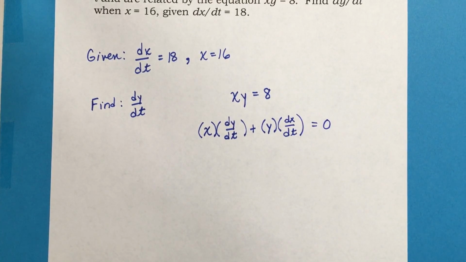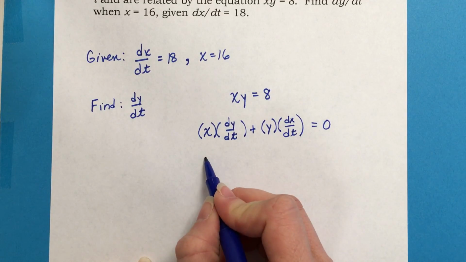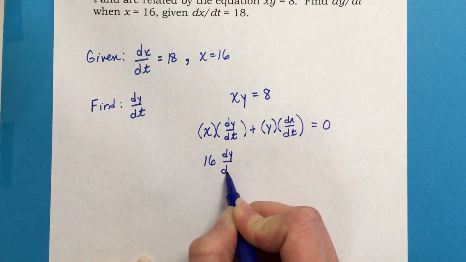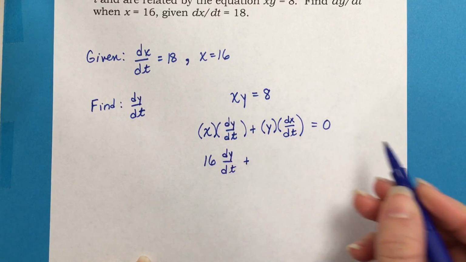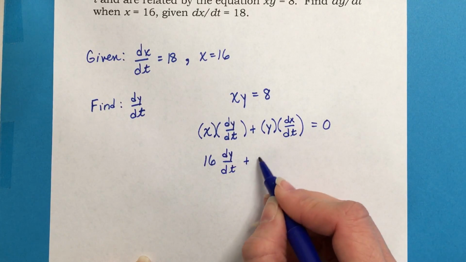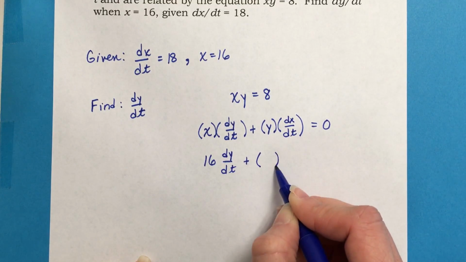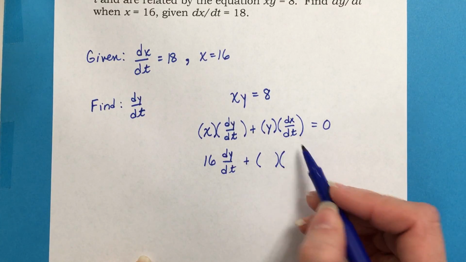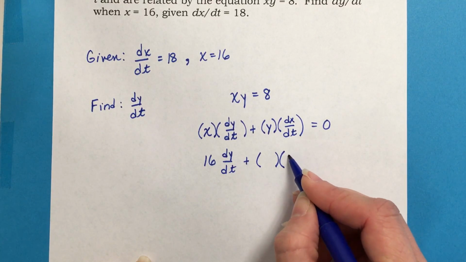All right, now you can substitute in what you know. We know that x is 16. Now, we don't know y, and we'll discuss that in just a second. I'm just going to leave parentheses open here for just a second. And we know that dx dt is 18.